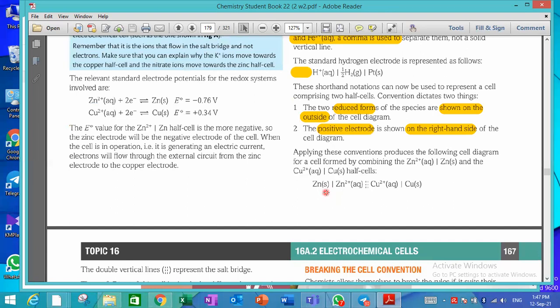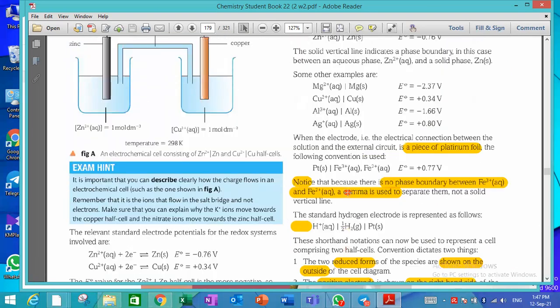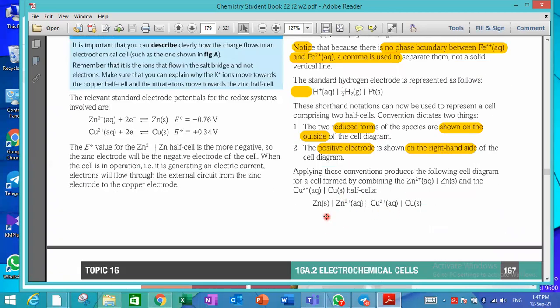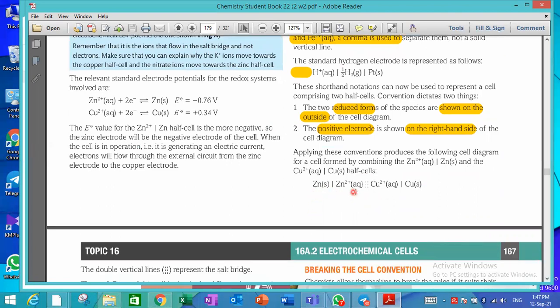So we write zinc metal, then phase boundary, zinc ions. You see in the half cells, we write the ions first and then the metal. But in the cell diagram, we write first the electrode that releases the electrons.